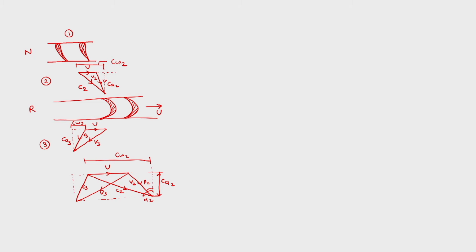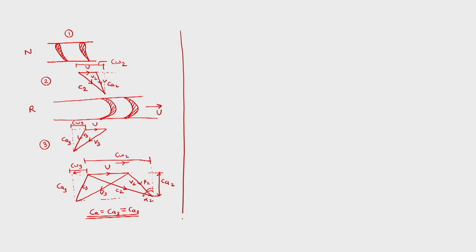So for us this becomes CA3 and this becomes CW3, and we expect CA2 is equal to CA3. So we expect the velocity in the axial direction to be the same or constant at the inlet and the outlet. Here we can see that CW2 is in this direction and CW3 is in this direction. This should be remembered since we would need this.